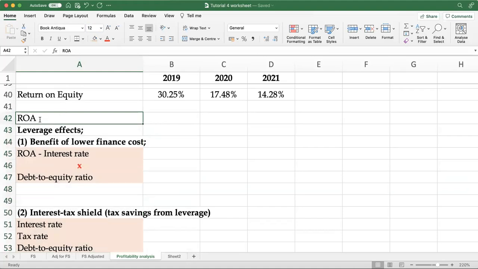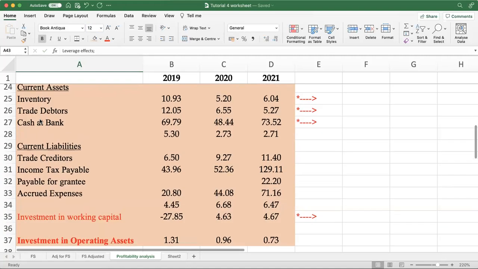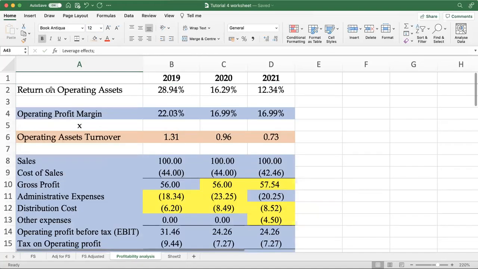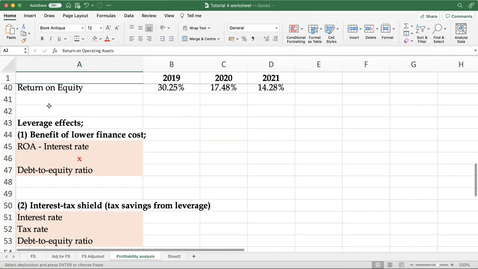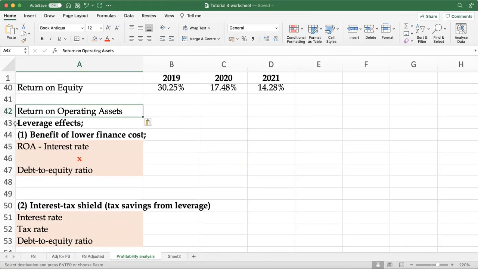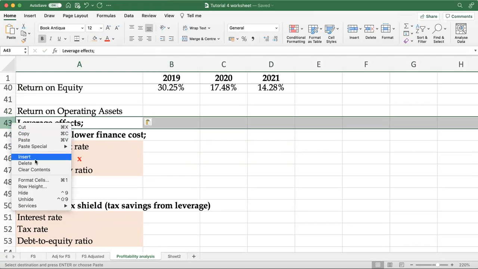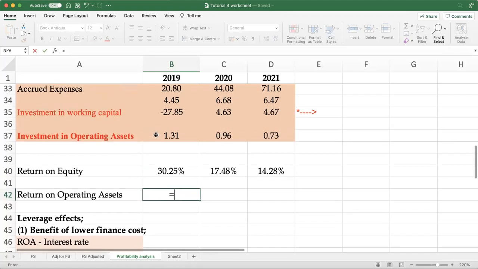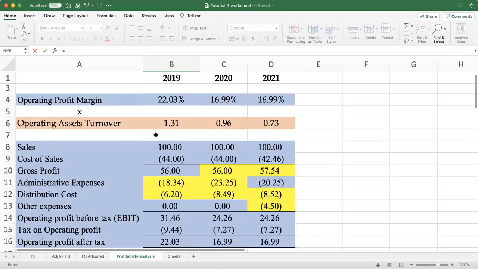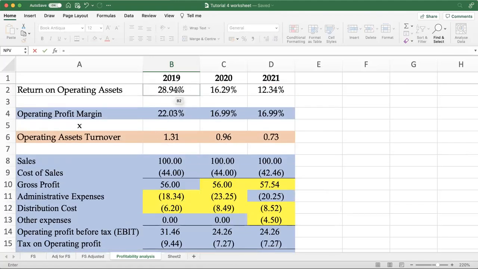So we'll take ROA, return on operating assets. We have calculated ROA, so you can link these values.